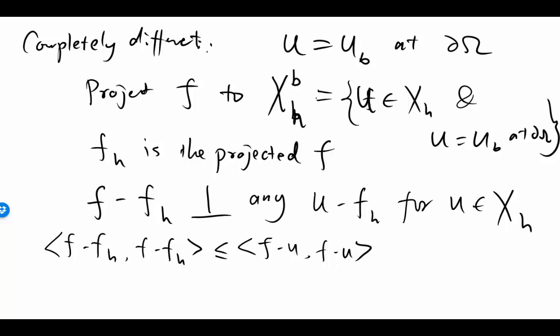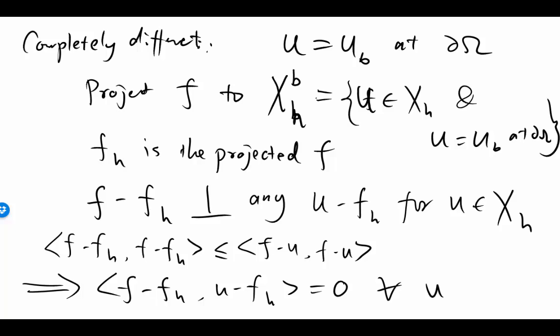I mean, these angular brackets are basically inner products, right? So if you derive from that, you are going to get the fact that the inner product of f minus fh and u minus fh has to be equal to 0 for any u.